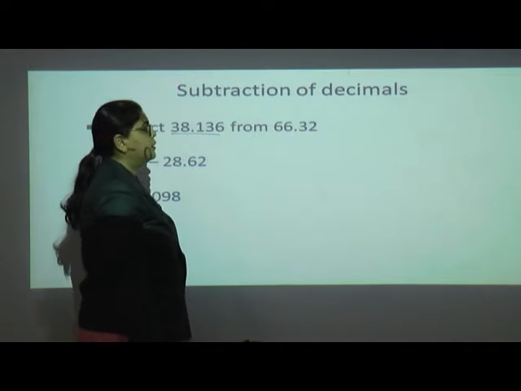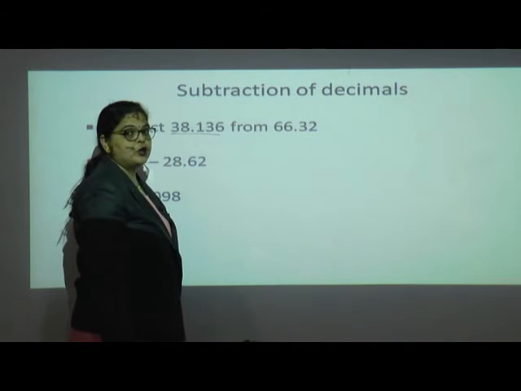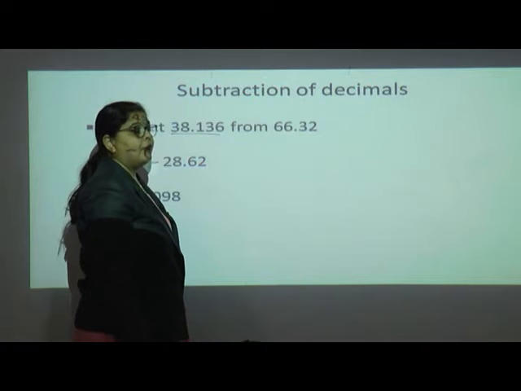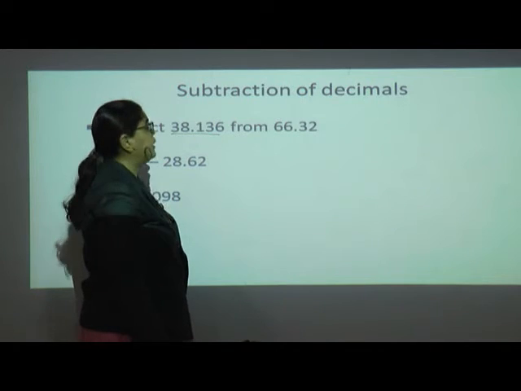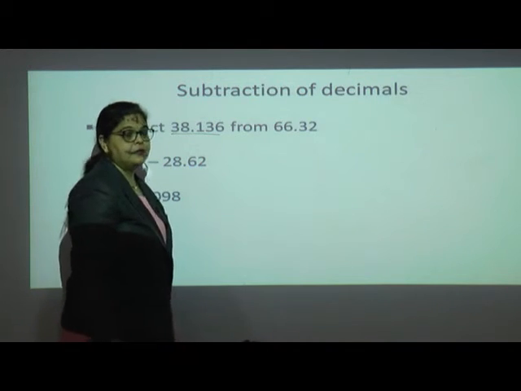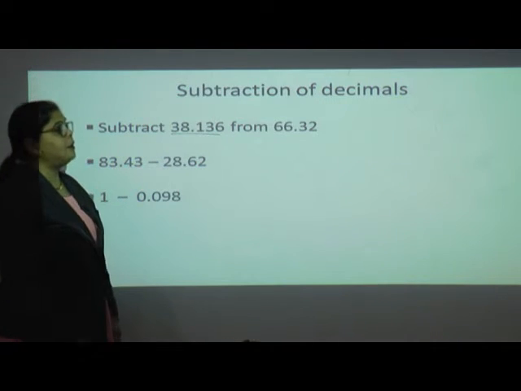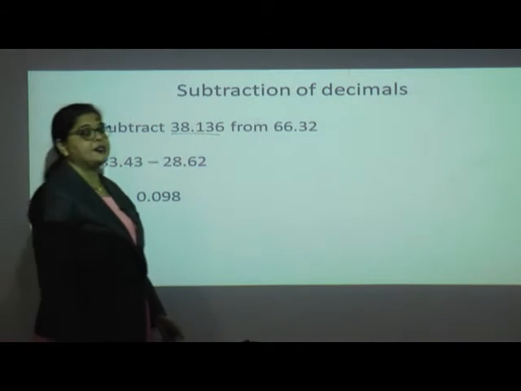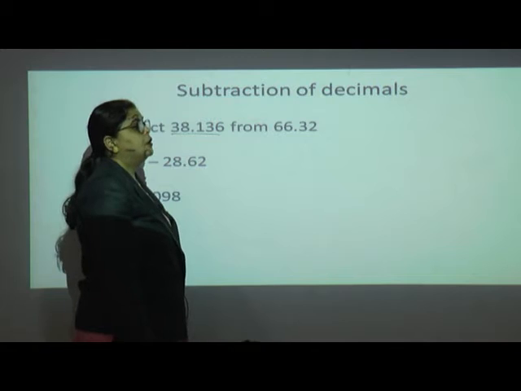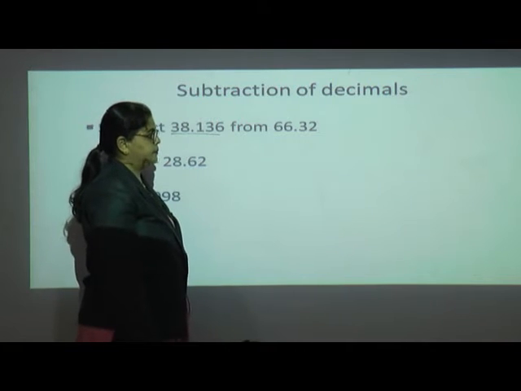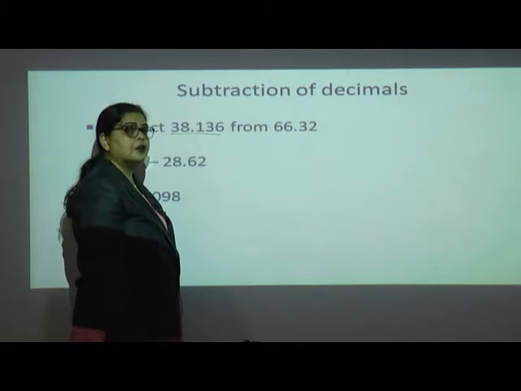Yes, you will say, yes ma'am, I will give you 38 chocolates. But vice versa, if you have 38 chocolates and I demand 66 chocolates to distribute to my students, will you give me from the 38 chocolates?